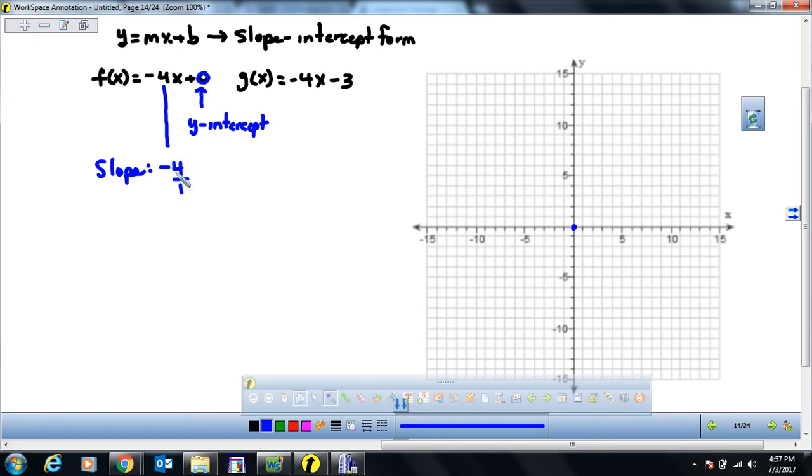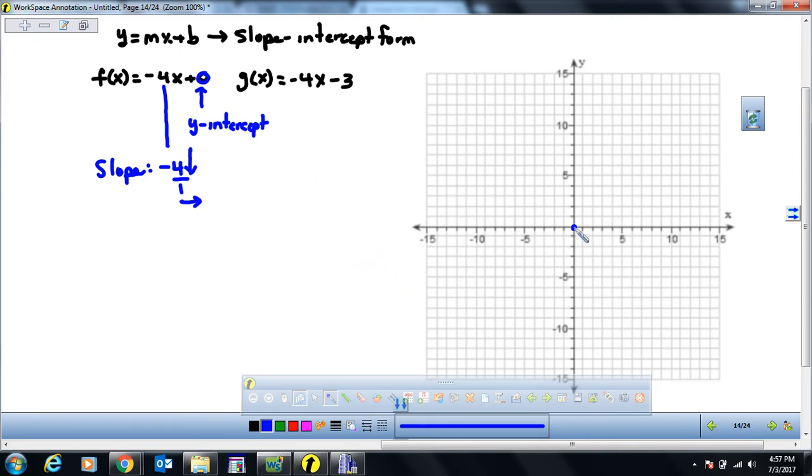So this number on the numerator, -4, means that the y value is changing by -4, meaning that it is decreasing or going down 4 units. And this 1, this is my run or my change in x, which means that the x is increasing by 1, meaning that it's going to the right 1 unit.